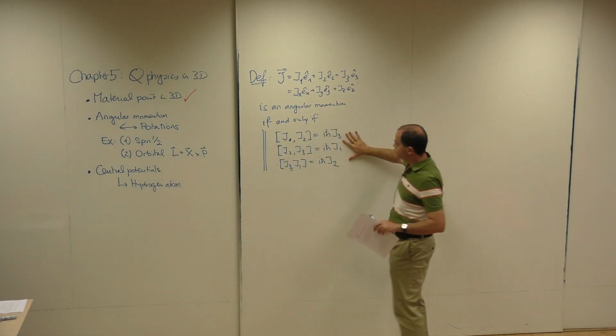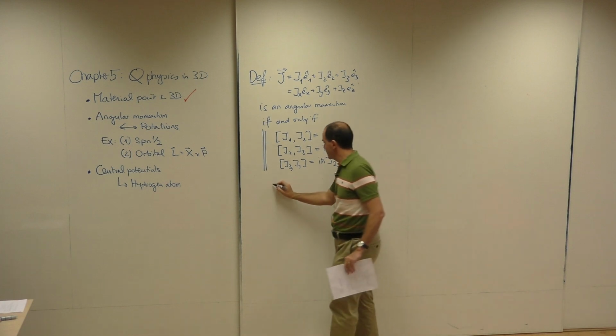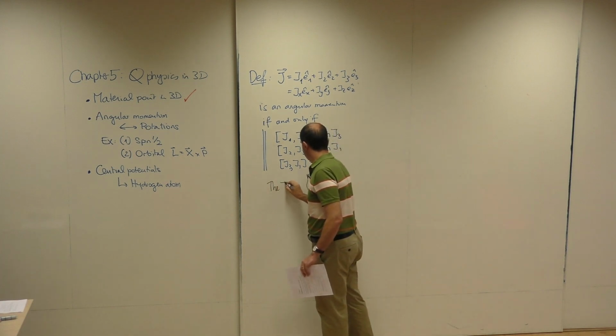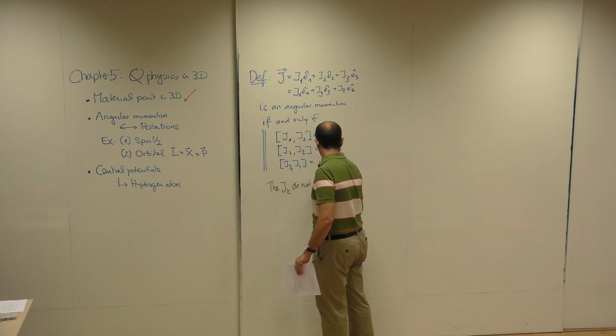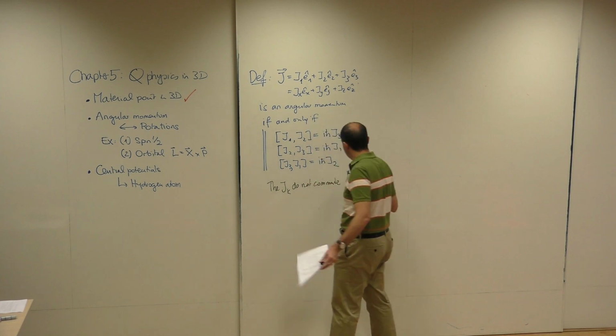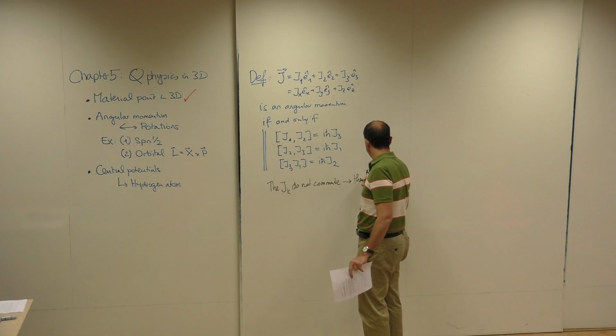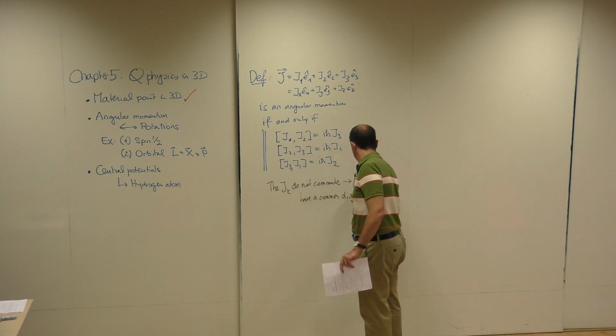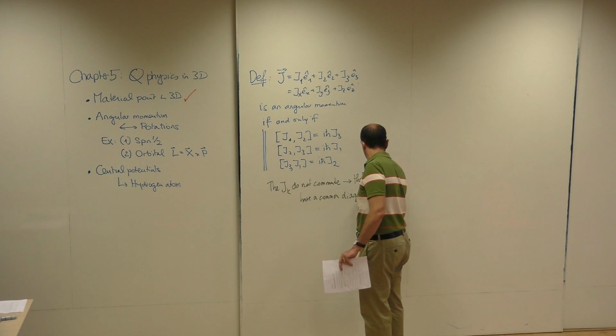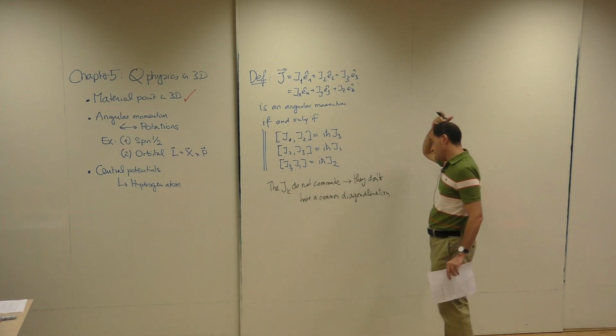Well, these operators do not commute, so obviously the JK do not commute. So they don't have a common diagonalization, a common set of eigenvectors.